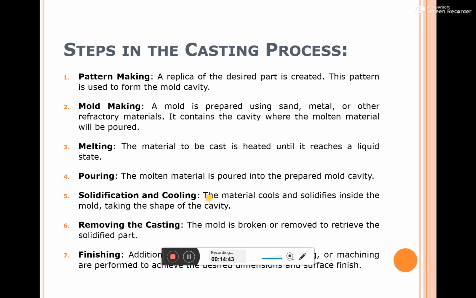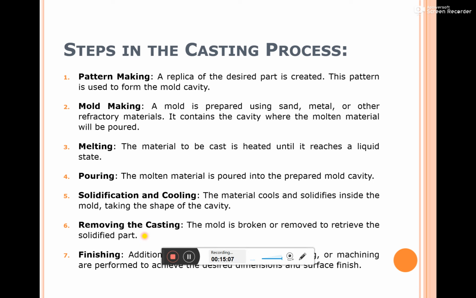in between the mold making, you will melt the material. After melting the molten material, we will pour it into the mold cavity. After that, we'll leave it for the solidification process for a certain time. After solidification, we'll break the mold and remove the casted product.